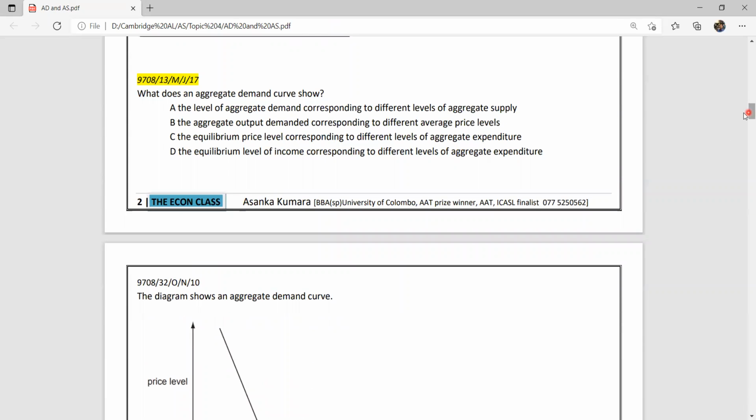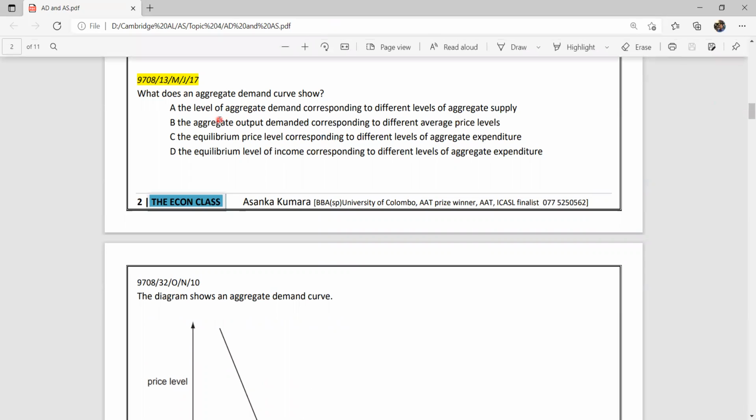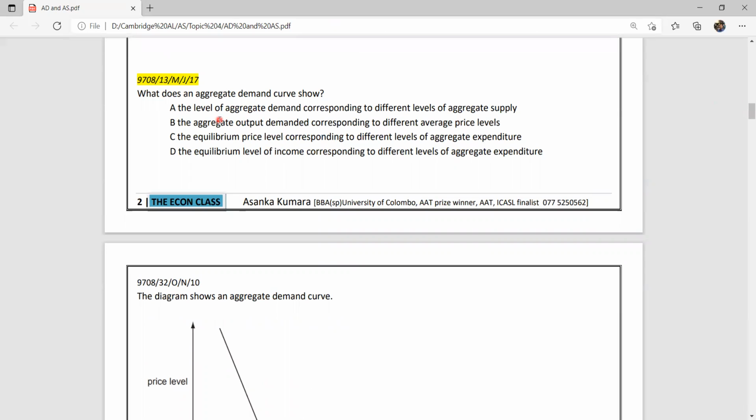There is another question. What does an aggregate demand curve show?